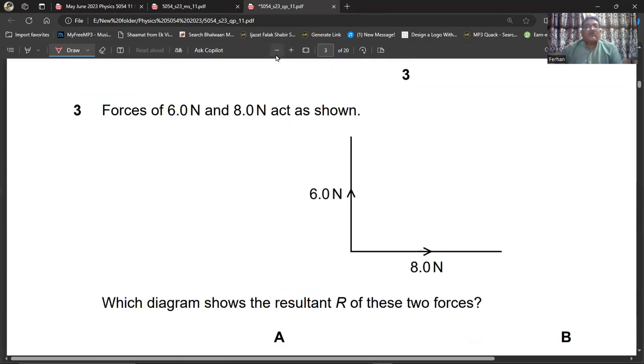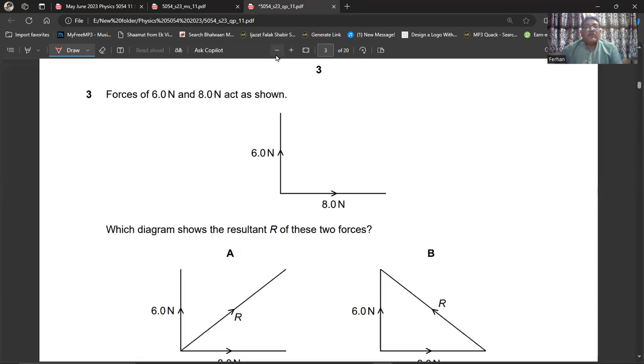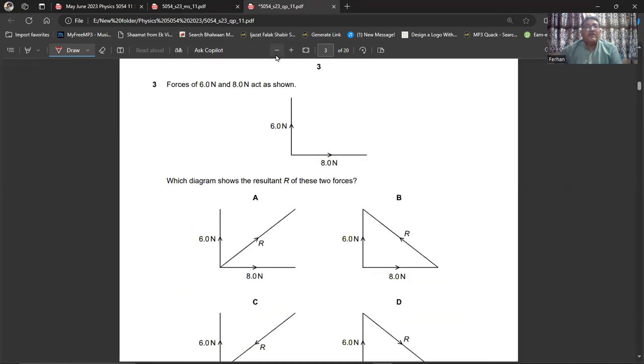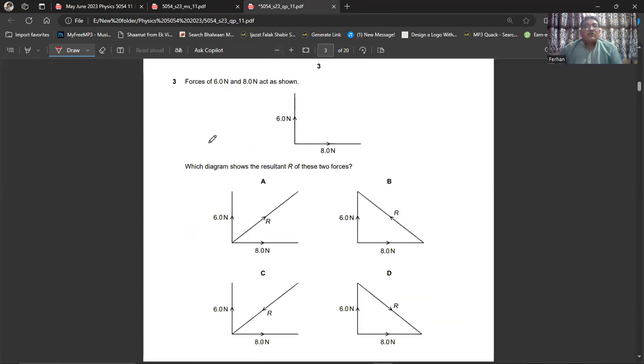Now we have question number 3 showing up on your screen. Here we have forces of 6 Newton and 8 Newton acting as shown. Which diagram shows the resultant R of these two forces? You see, here they have shown two forces, and when they represented them, they have put both the tails of those vectors together.